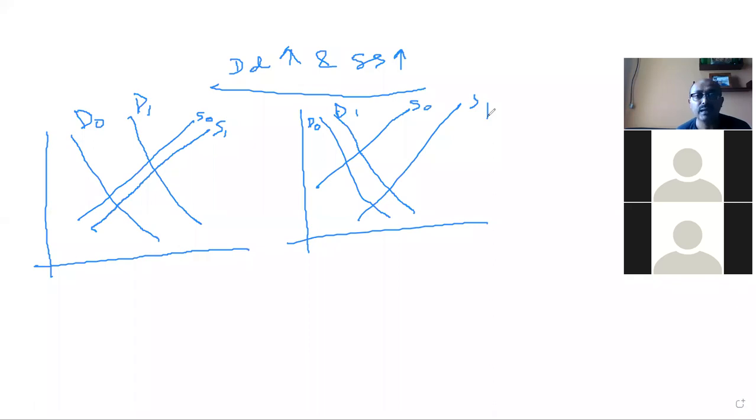Now, what is the difference between these two diagrams? Over here, proportionate increase in demand is higher than proportionate increase in supply. But over here, proportionate increase in demand is less than proportionate increase in supply.